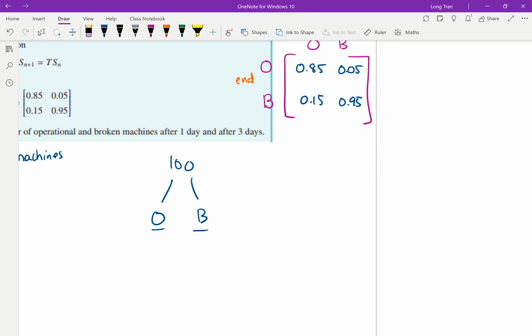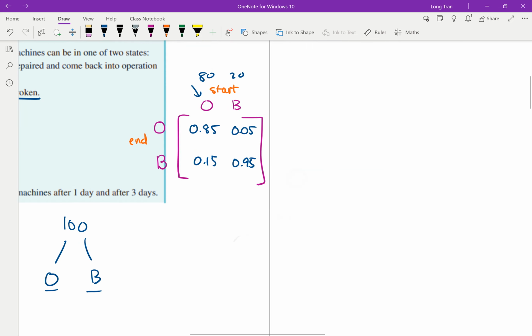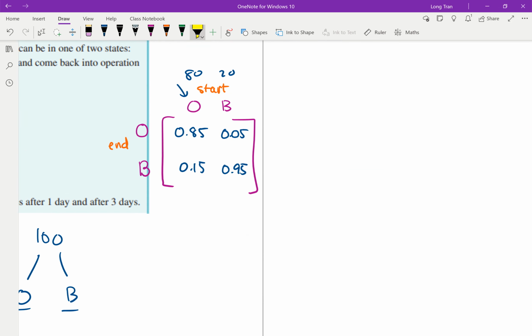To do this, let's look at the operational side. When it was operational at the start, by the end of the day it was an 85% chance of the 80. So for it to be operational, it had to be 85% of the 80.